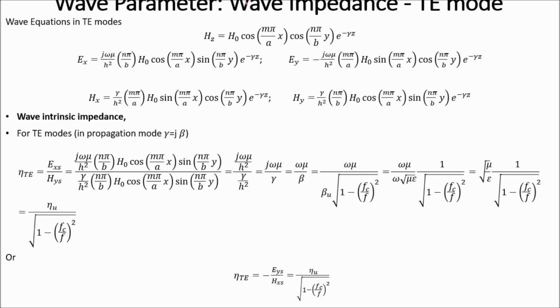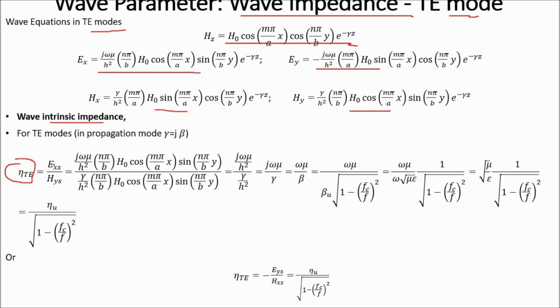Now we have to find the wave impedance for TE mode. For TE, these are the H field equation Hz, and the Ex equation, Ey, Hx and Hy. So we write the expressions for TE mode. Now the wave impedance or intrinsic impedance eta TE is equal to Ex over Hy.